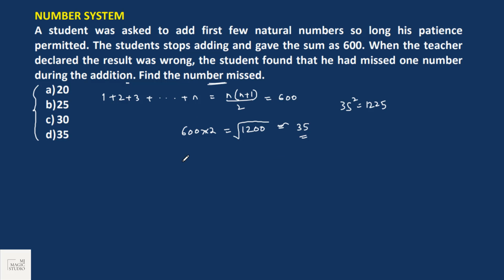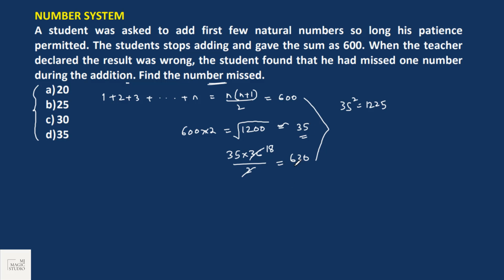If a number is missed out, you identify the square root of 600 into 2, 1200, which is near to 35 square. Use n equals to 35. If n is equal to 35, 35 into 36 by 2 is 35 into 18, which is equal to 630.